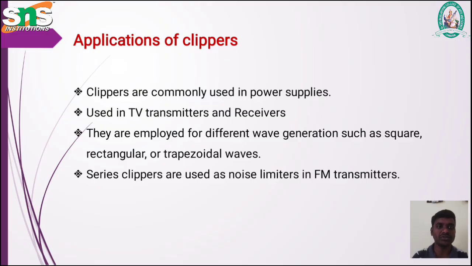A main application is that series clippers are used as noise limiters in FM transmitters, because clipper circuits reduce noise: extra noise signals are cut off by the clipper circuits.